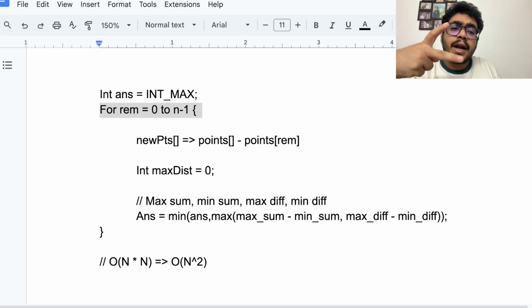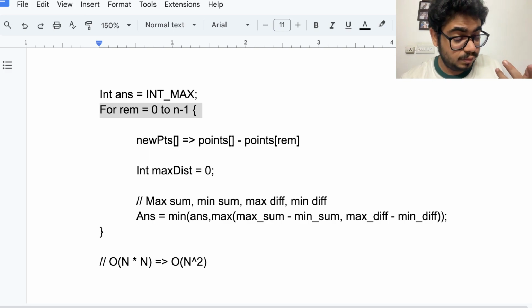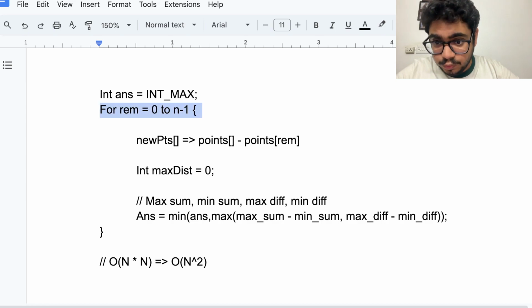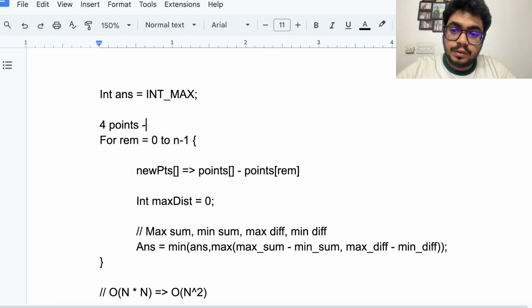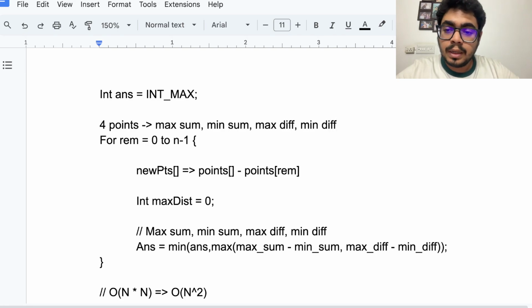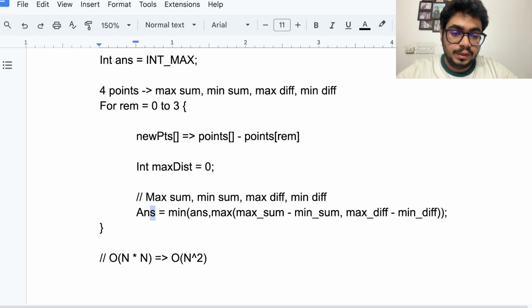So you have to actually look at just two: removing A and removing B, and that is it, right? So instead of running this loop, you can first calculate the 4 points with maximum sum, minimum sum, maximum difference, minimum difference, and just run a loop on those 4 points for the point to be removed equal to 0 to 3, then try to remove them and calculate the result for them.